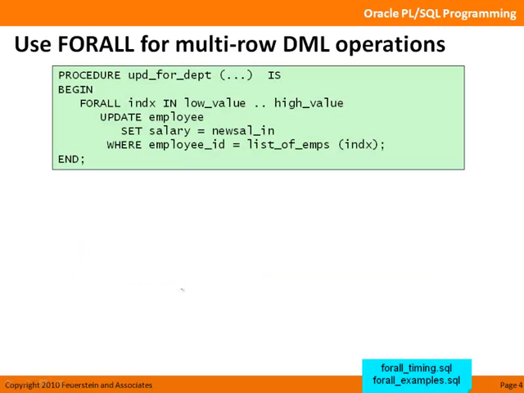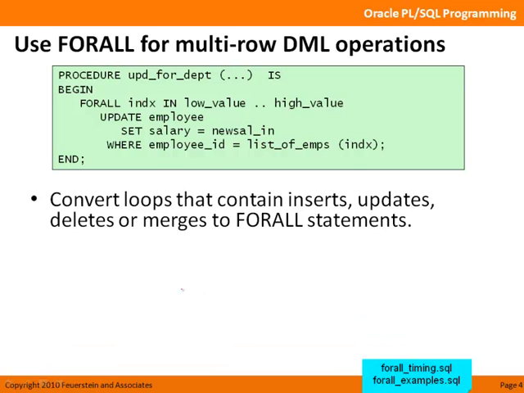Okay, so using FORALL for multi-row DML operations. The basic idea is that you want to look for loops that contain inserts, updates, deletes, or merges. So cursor FOR loops with individual inserts, etc., and convert them to FORALL statements. A FORALL statement is like an extended DML statement.